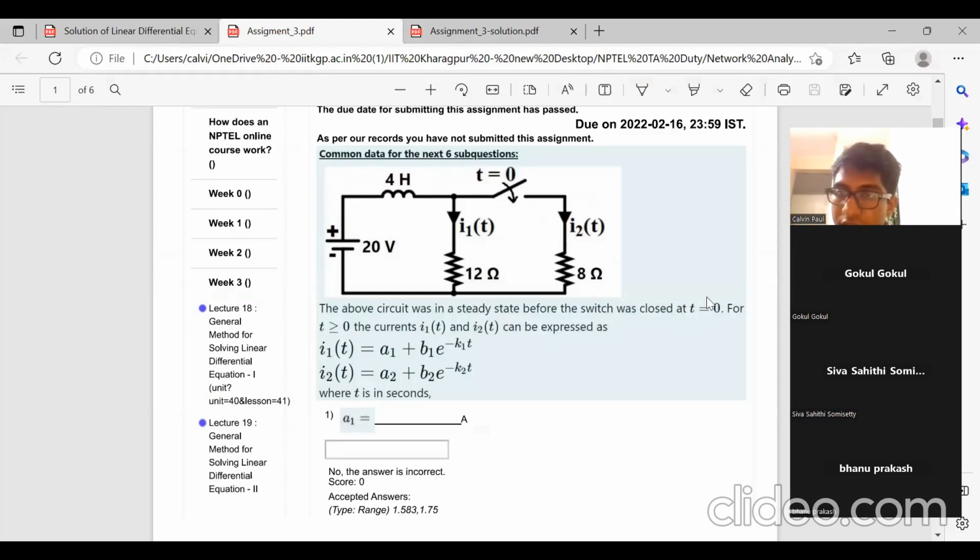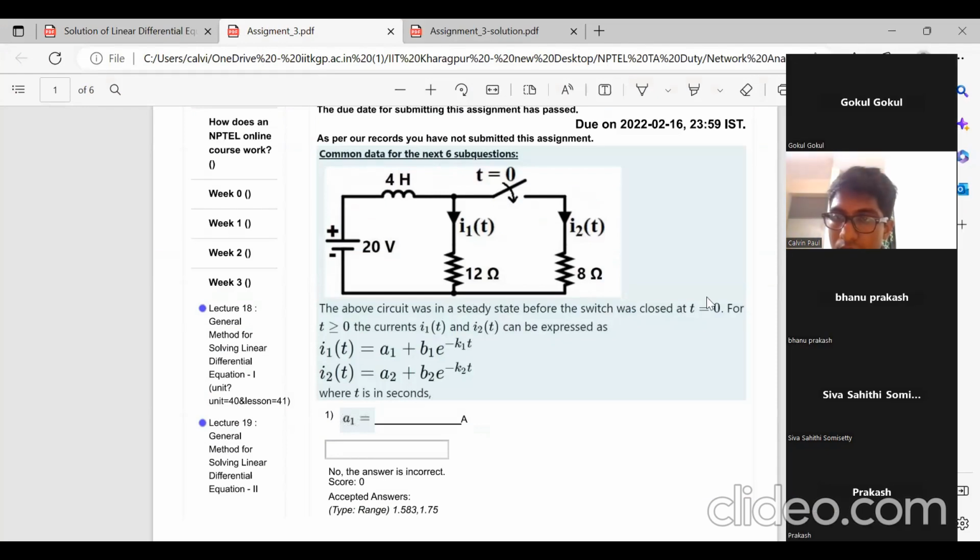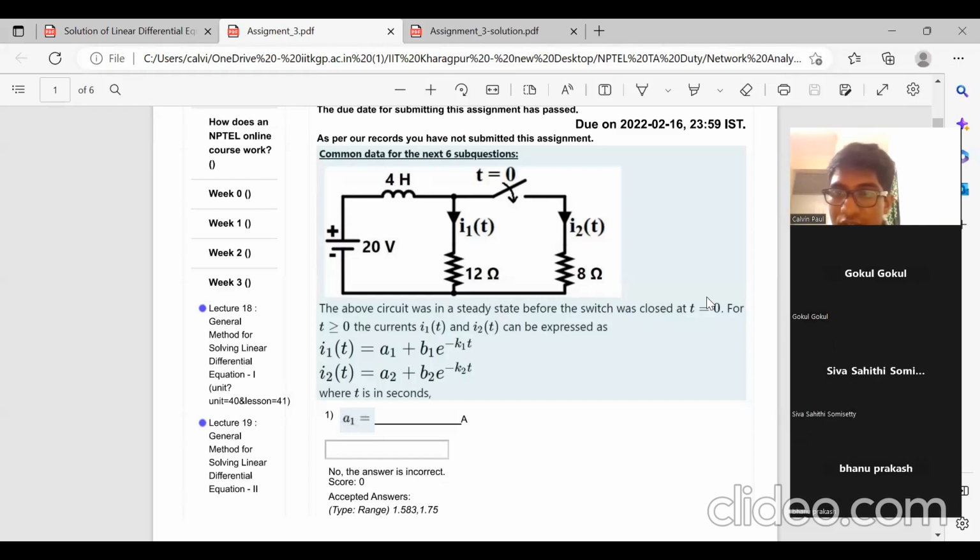Banu Prakash, any suggestions? No one has any suggestions on how to proceed.